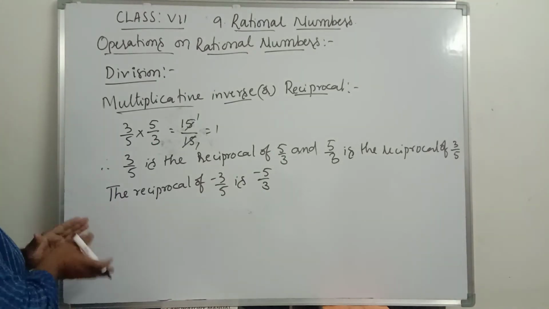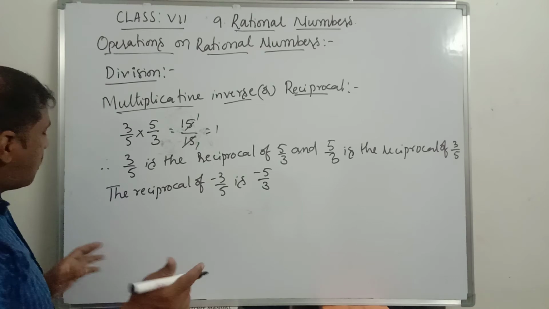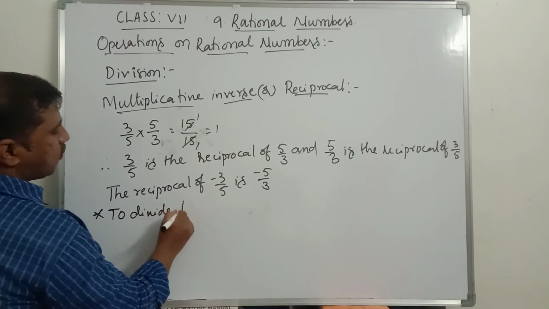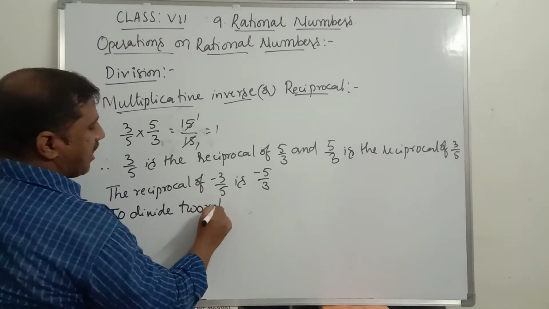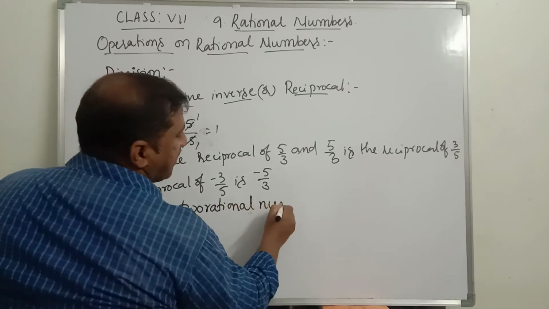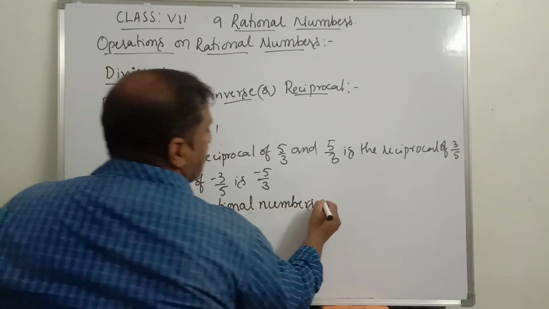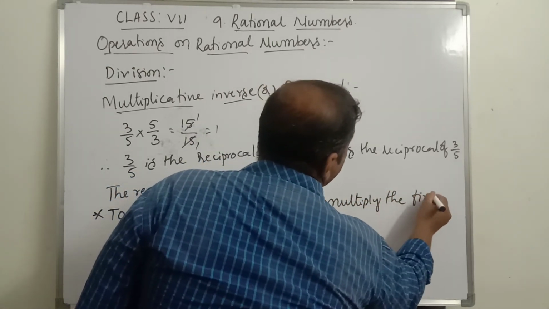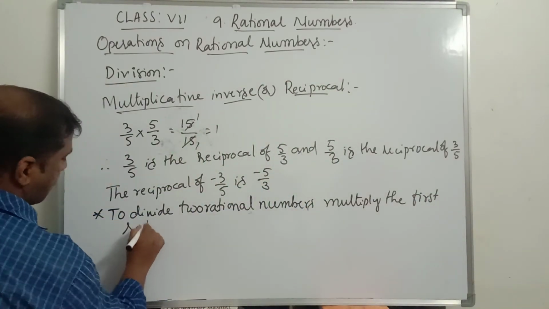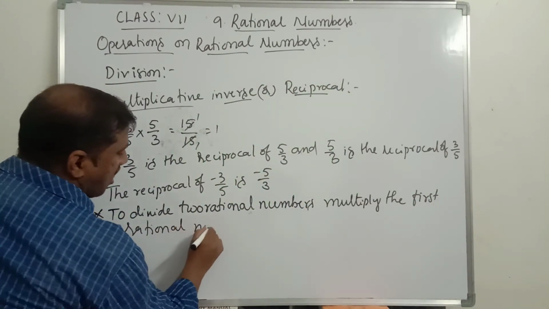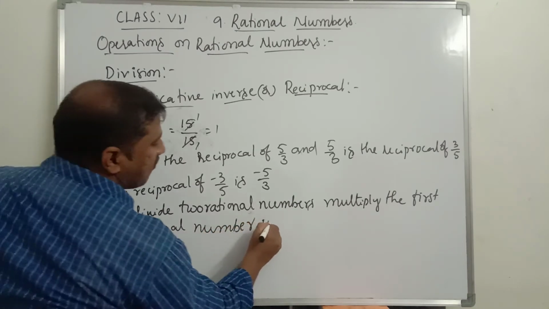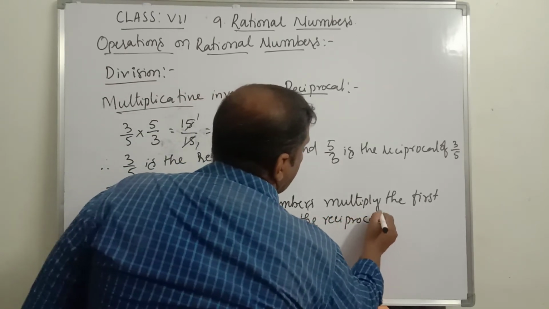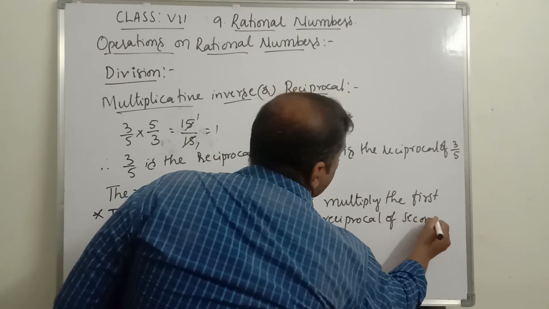Then how do we divide rational numbers? To divide two rational numbers, multiply the first rational number, like the first fraction, with the reciprocal of the second rational number.